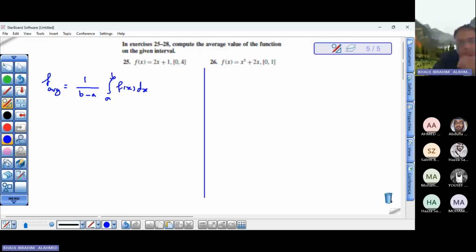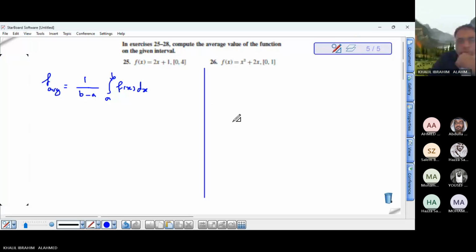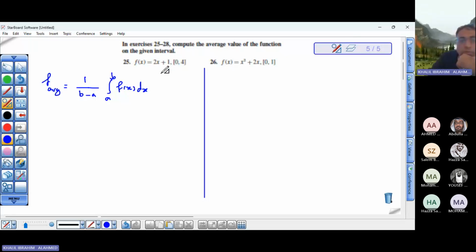This is the formula. How many students solved this question? Let me know. Salim, did you solve this question? Why? It's easy.